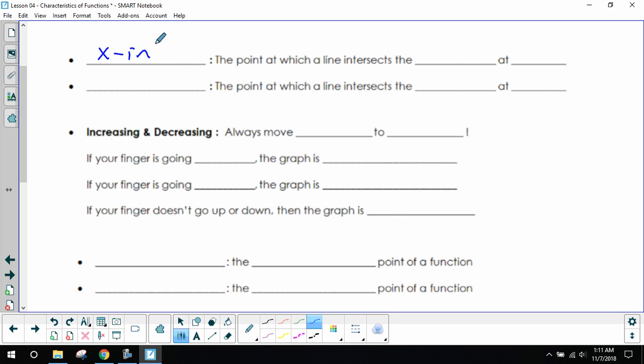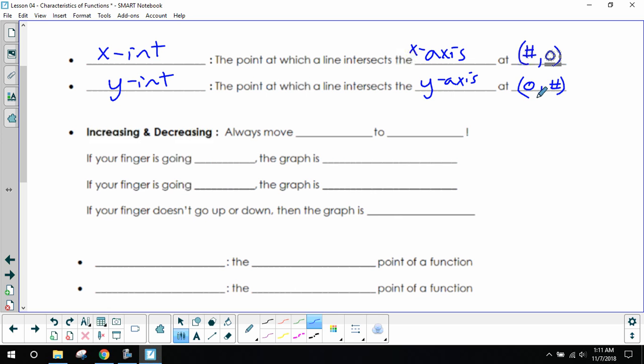Aha! Intersects the X axis. Let me put an X right there. X axis at, and remember this was that coordinate point. We're going to put number here and 0 there. So this obviously must be the y-intercept. Y-axis. And this will be 0 with a number at the end of it.